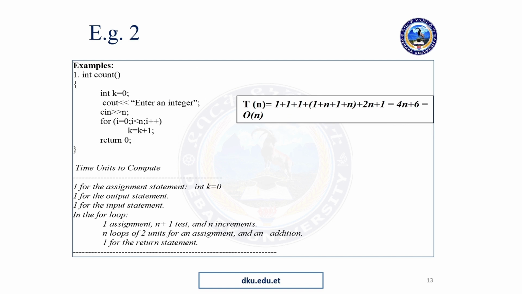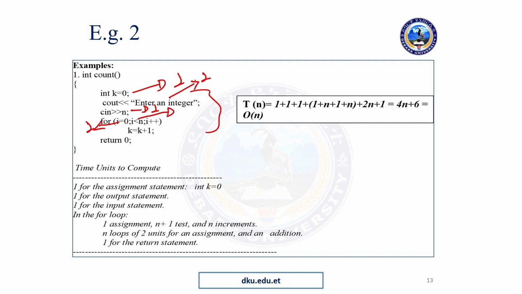Let's consider the other example, which is this one. To calculate the time complexity of this program, this is an assignment operation, so it will take 1 unit of time, and this is an output operation, so it will take 1 unit of time, and this will take 1 unit of time, and this will take 1 unit of time.